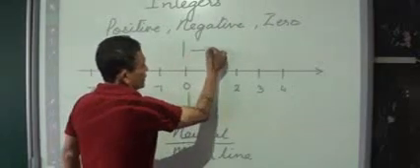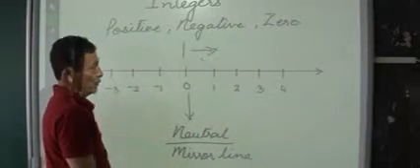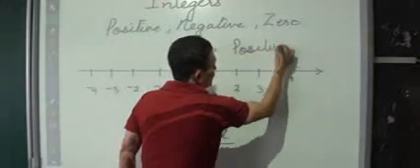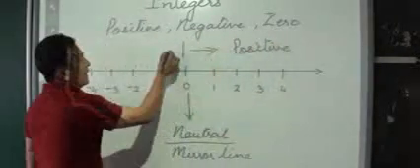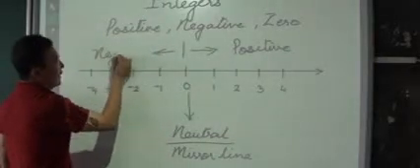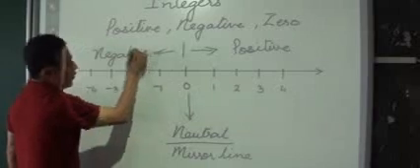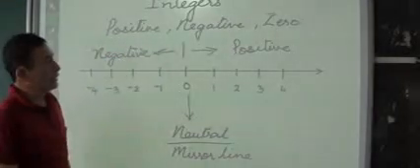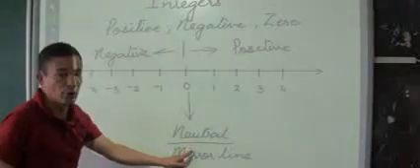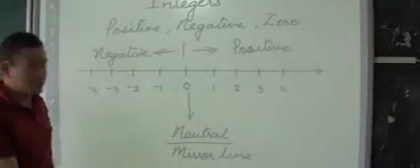Anything to the right of the 0 are all positive numbers, and anything to the left of 0 will be all negative numbers. So from here we can clearly see that positive numbers, negative numbers, and the number 0 make up the integers.